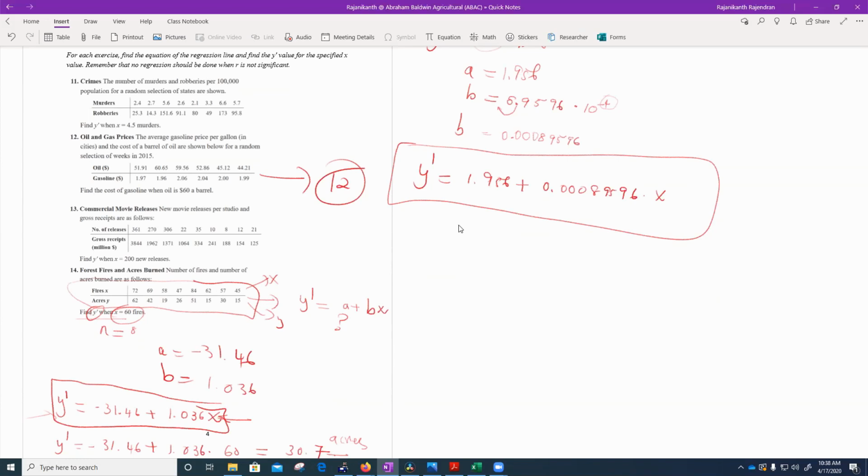Read the question. Find the cost of the gasoline when oil is $60 a barrel. That means this is the X value, right? This is your X. This is your Y. So X value is given. We are looking for the Y value, Y prime actually, in my prediction. So Y prime is simply plugging X equals 60 here.